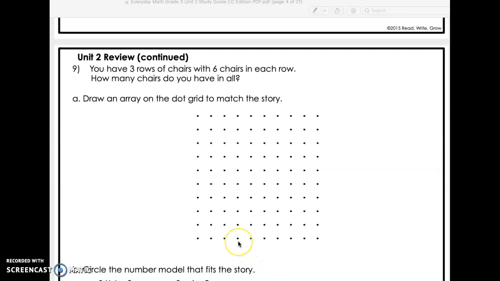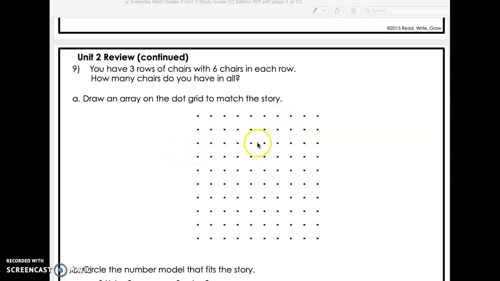Now, you have 3 rows of chairs with 6 chairs in each row. How many chairs do you have in all? You're going to draw an array on this grid. So you're going to go 3 rows and 6 chairs. Remember how we did an array? We did X's. So we're going to do an X, X, X, X, X, 6 across and 3 down.